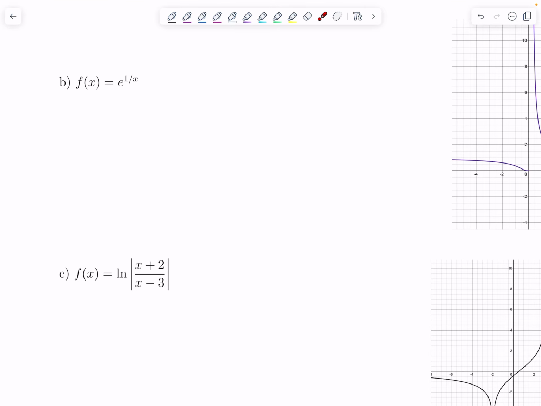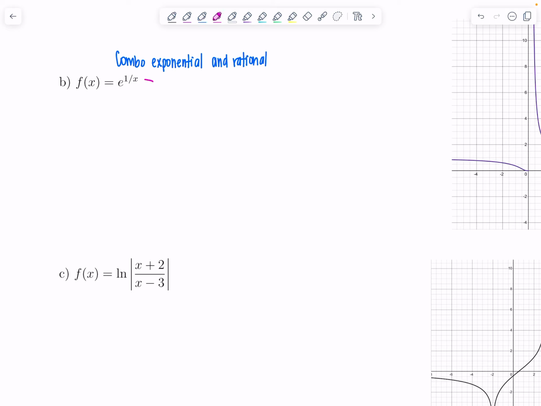So let's see, what kind of function is this? It's a combo of an exponential and a rational function. But that's fine. We can make combinations of functions and still apply that rule from earlier. So where is f undefined? Or basically, let's identify its domain.